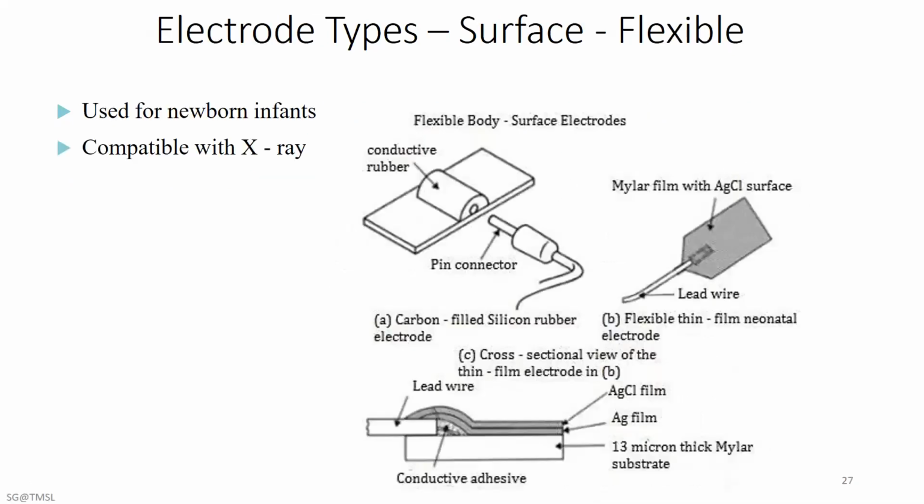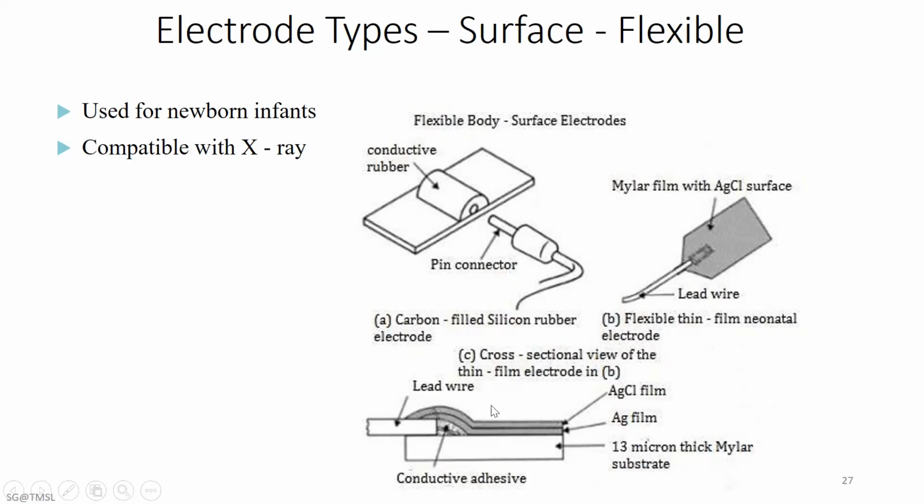Next is the flexible electrode. These are carbon filled silicone rubber electrodes and flexible thin film neonatal electrodes. The cross sectional view is here.